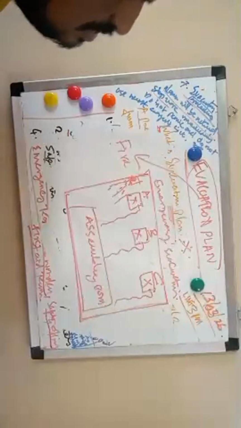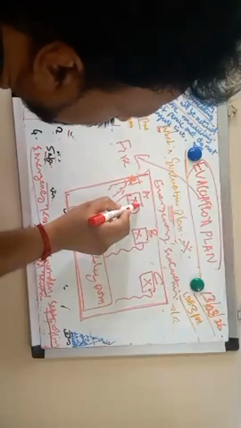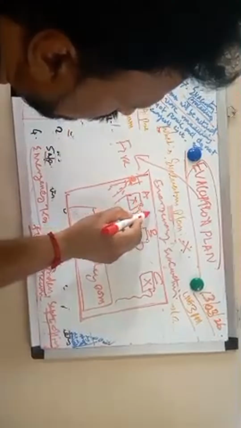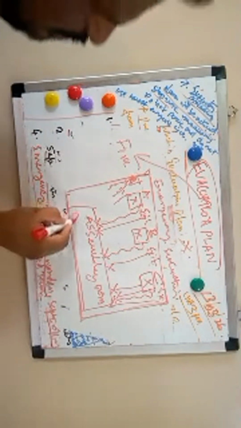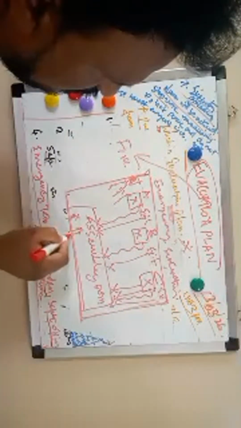In that case, A building, B building, C building have different departments. They start to move towards the exit. The workers from A building, B building, C building are moving towards the assembly point, and everyone assembles here.